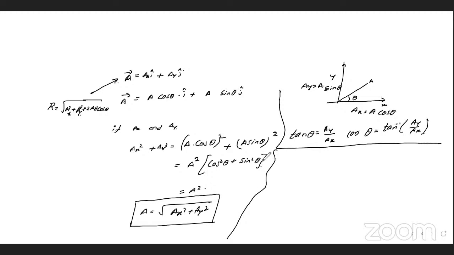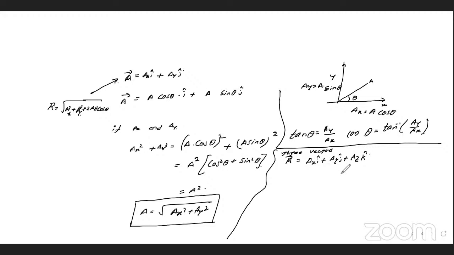There are three vectors. If there are three vectors, I need to find the resultant. So a vector is equal to, there are three axes, so ax i cap plus ay j cap plus az k cap. Remember, ax i cap plus ay j cap plus az k cap.